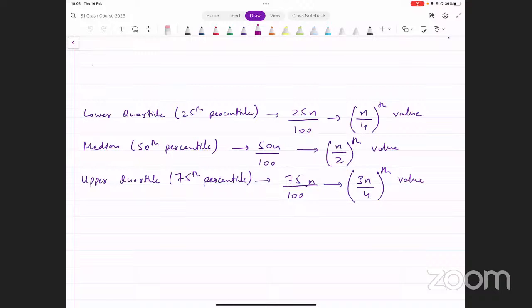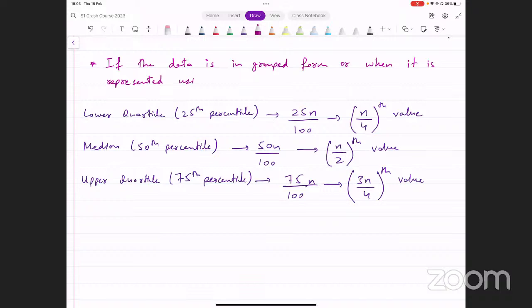You use them if the data is in grouped form, so in a frequency table form, for instance, or when it is represented using a cumulative frequency curve.